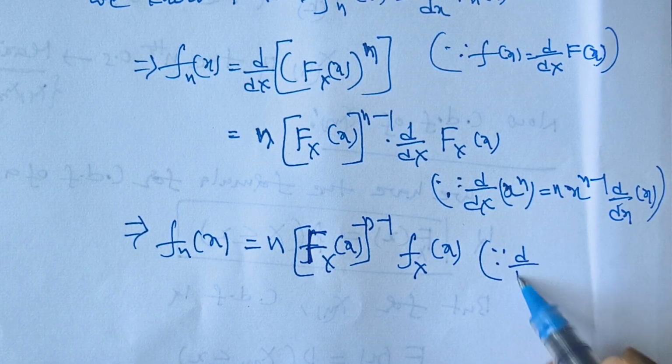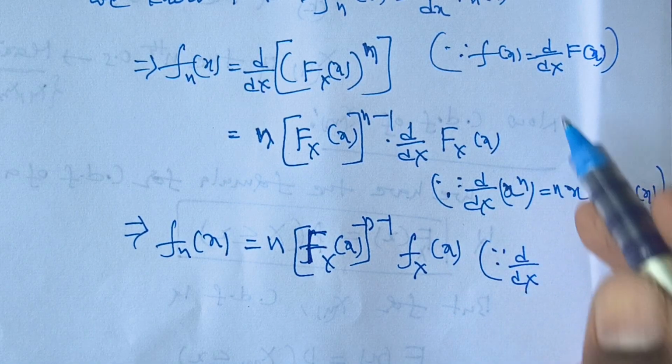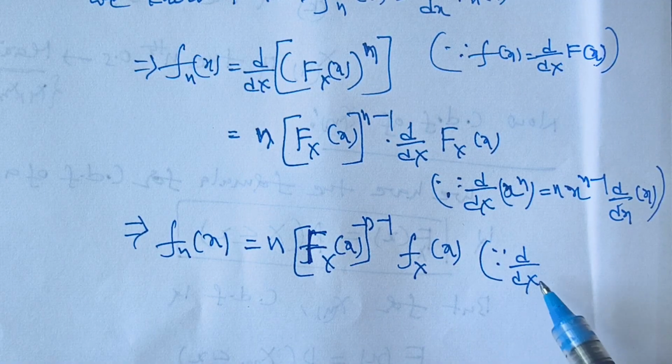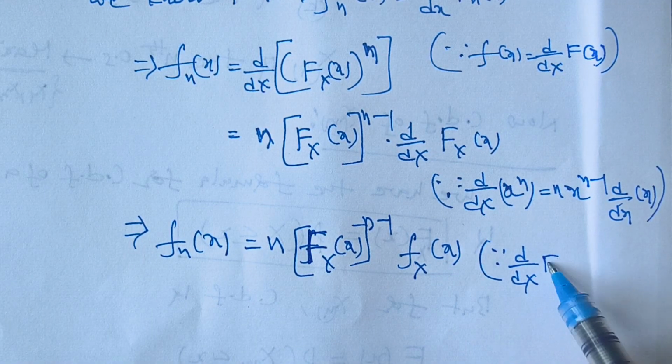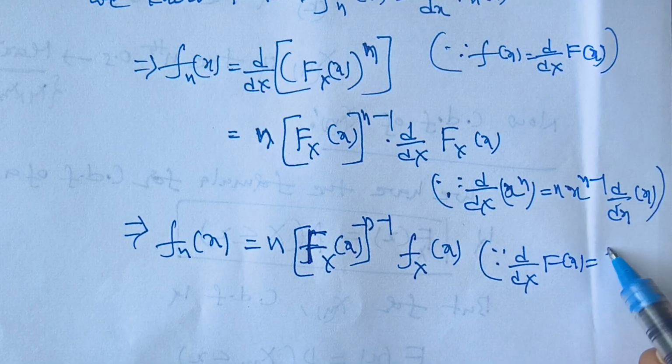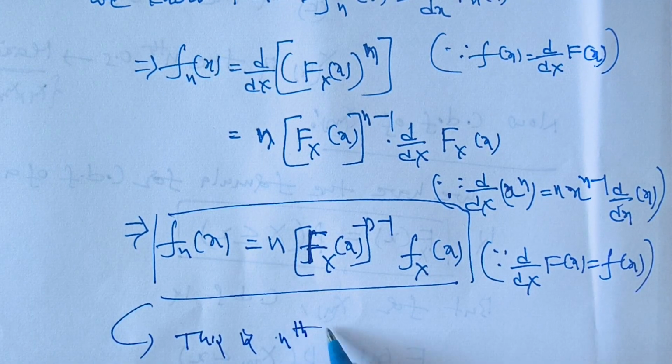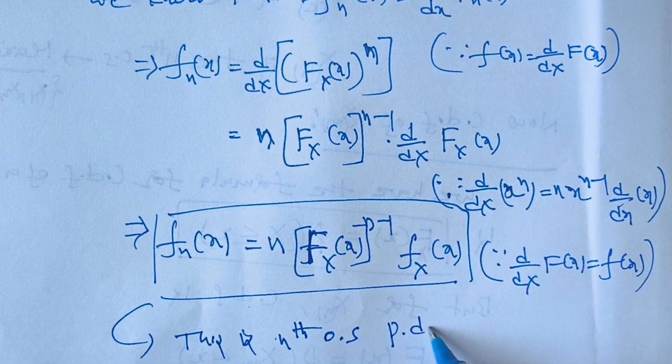So the derivative of capital F of x is equal to small f of x. So this is the nth order statistics PDF formula.